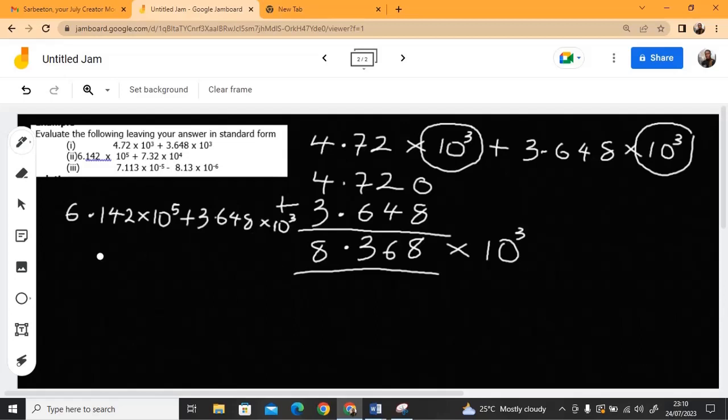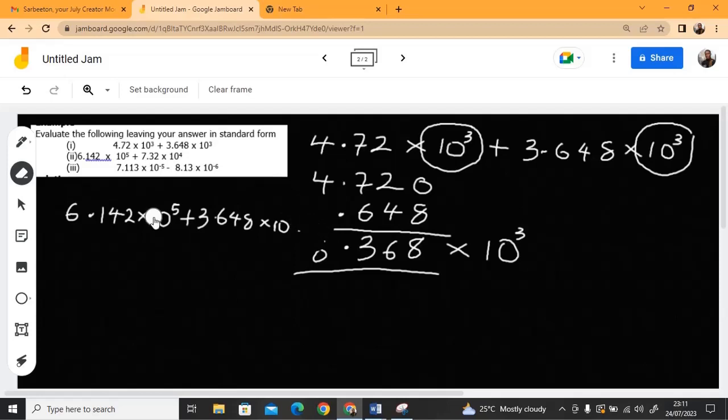I'm managing space. Now, you can see that this one is 10 raised to the power of 4, sorry. Let me erase this off so that there will be enough space for us.